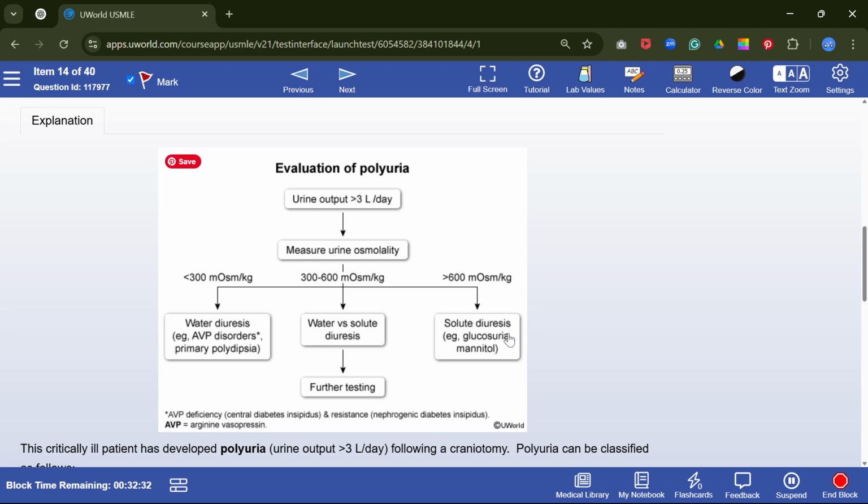If urine osmolarity is 300 to 600 milliosmol per kg, water and solute diuresis, further testing. If it is more than 600 milliosmol per kg, solute diuresis: glucose, urea, and mannitol.